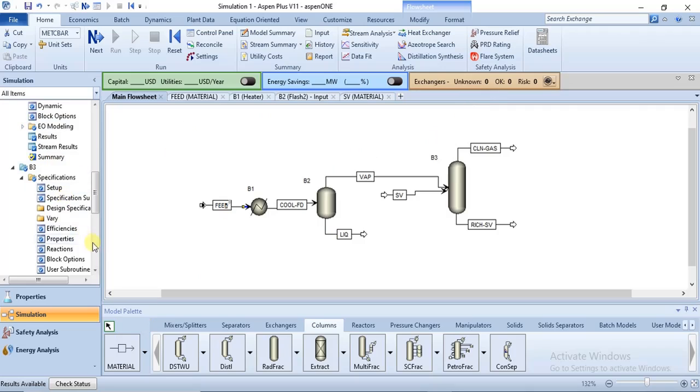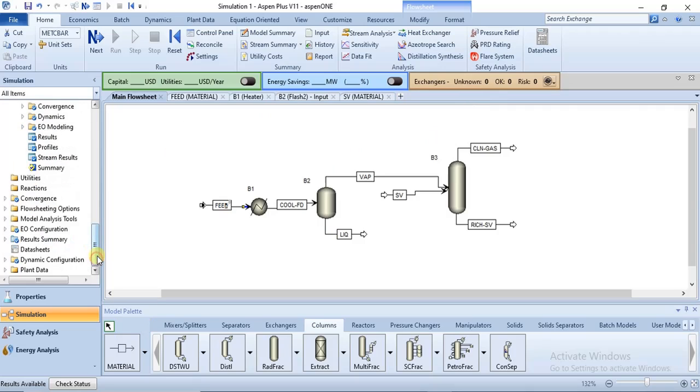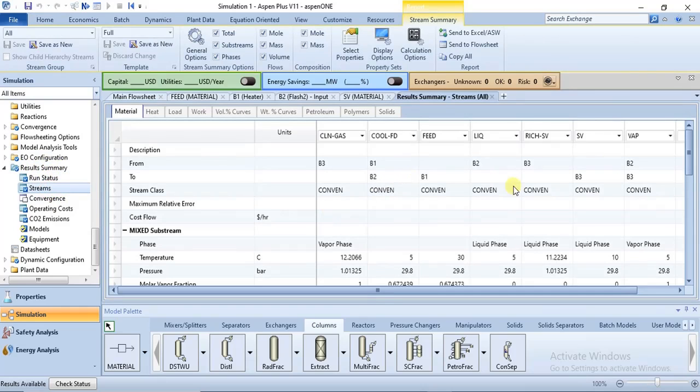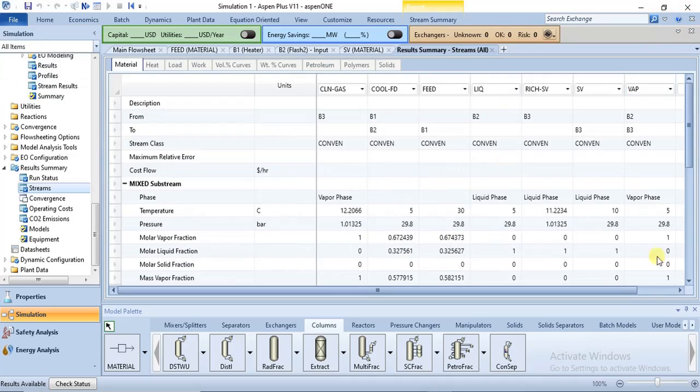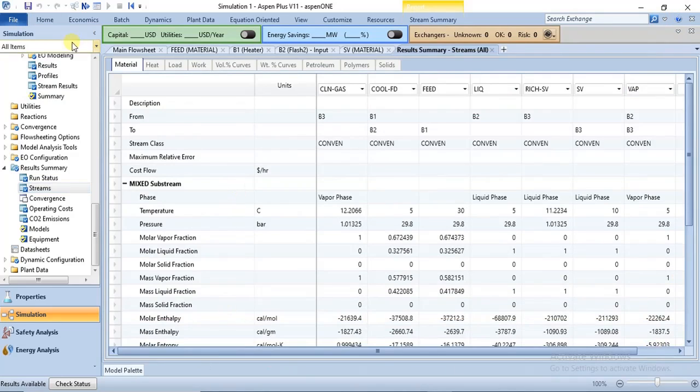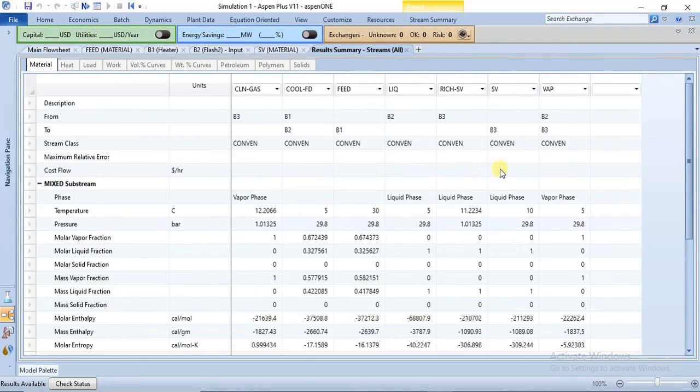If you want to check the results, you go to the navigation pane, and then to the drop down. You see result summary. You click on streams, and it gives you the results of all the streams in your model. You can adjust your screen so you have more space to view the results properly.